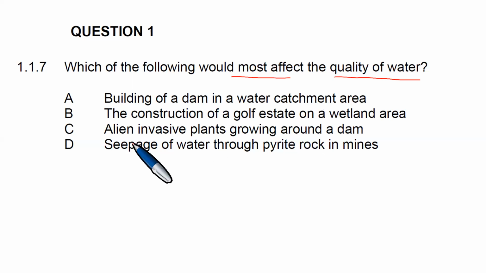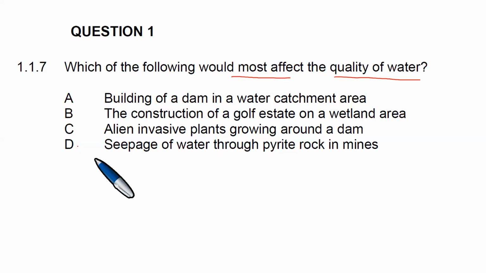The alien invasive plants growing around a dam, normally they grow around dams, they're natural. So the answer is going to be the seepage of water through a pyrite rock in mines.